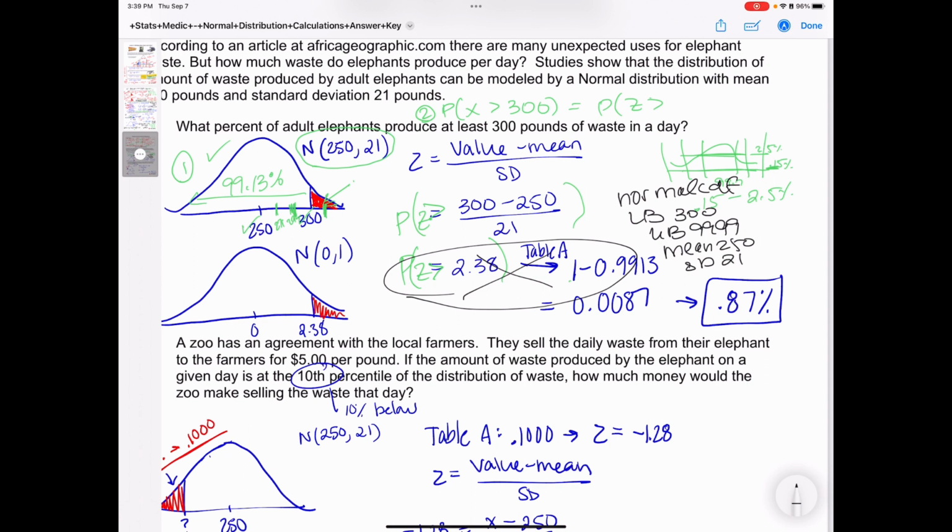My conclusion, of course, step 4, would be about 0.87% of adult elephants produce at least 300 pounds of waste a day.